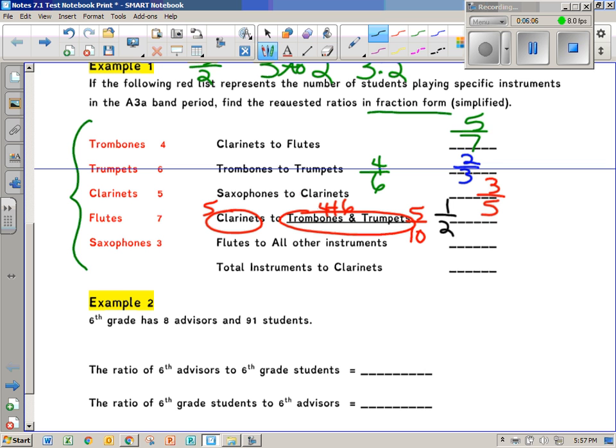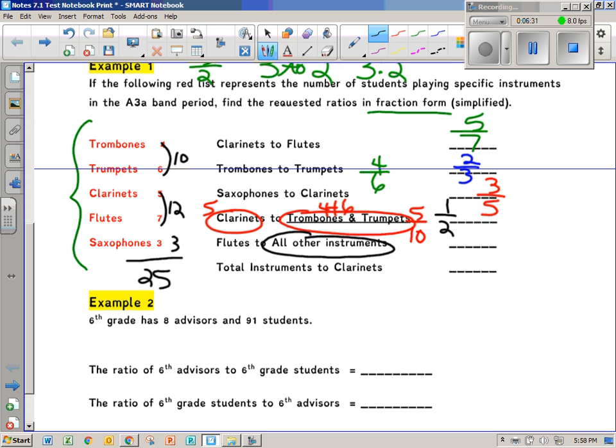Then we have flutes to all other instruments. Well, let's just total up this column. We've got 10 for the first two, then 12, so that's 10, that's 12, plus 3. So 12 and 10 is 22, plus 3 is 25 total.